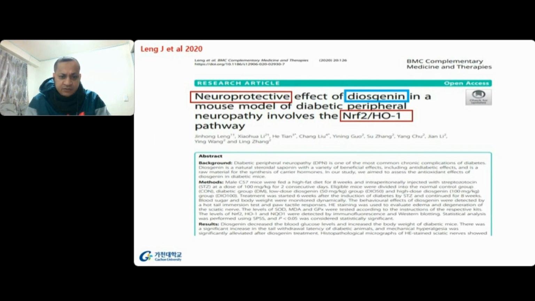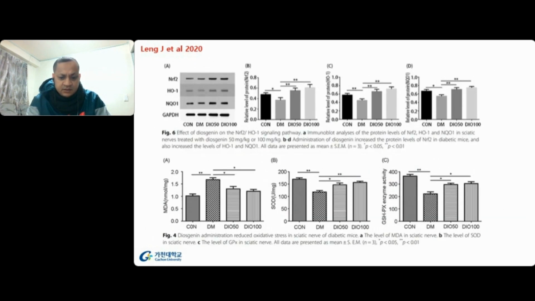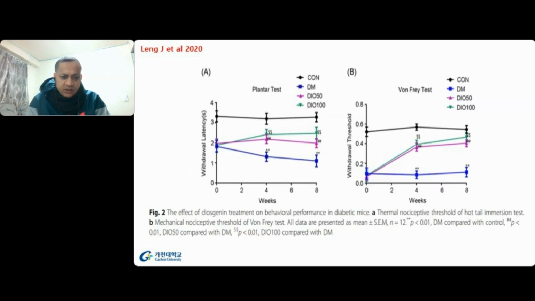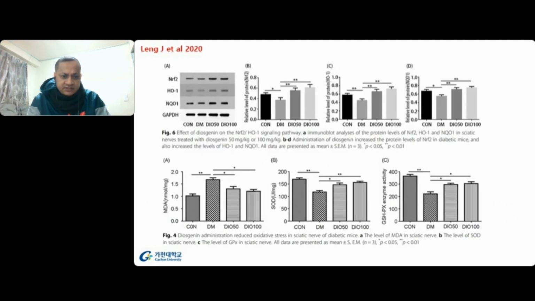Diosgenin can modulate diabetes-induced neuropathy, reducing pain sensation in the diabetes model in a dose-dependent manner.